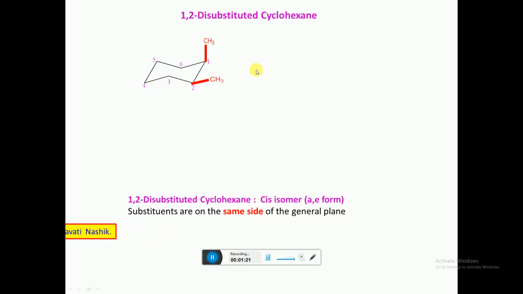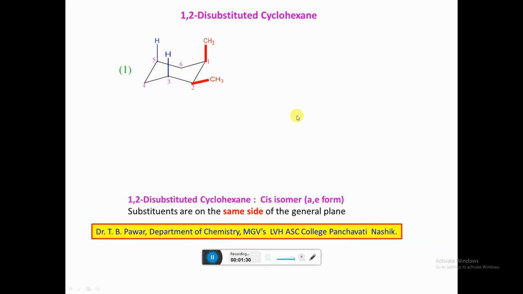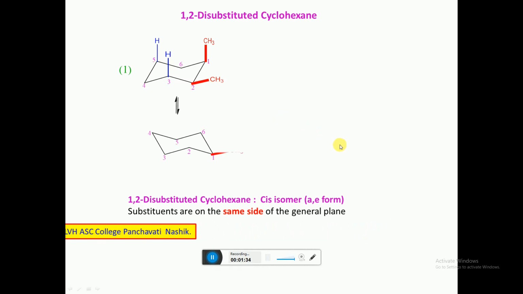Now structure 1 has an axial methyl group, and there are relative 2 axial hydrogens to this C1 CH3. So this is structure 1, and structure 1 flips into structure 2.